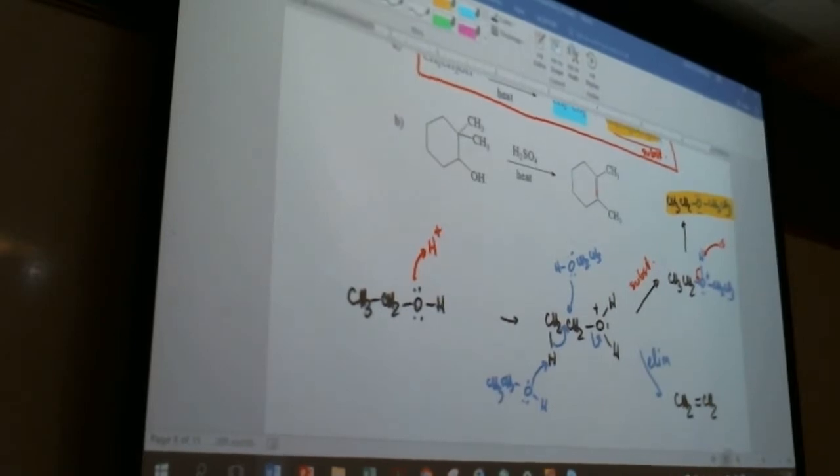So these are my substitution and elimination products. And whenever you protonate an alcohol, you get both, unless it's a very weird circumstance in which you cannot have one or the other. So under most circumstances, you're going to get both substitution and elimination.